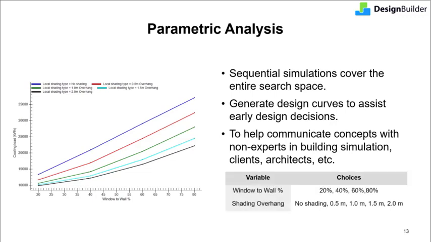For example, the graph shows impact of changing window to wall percentage and overhang length on the cooling load. So with 4 options for window to wall ratio and 5 options for shading, the parametric analysis has design curves with 20 simulations.